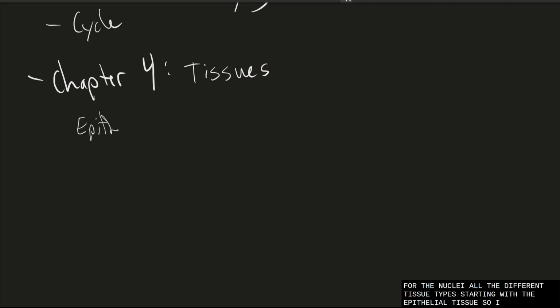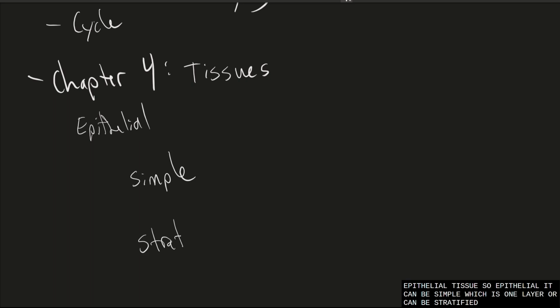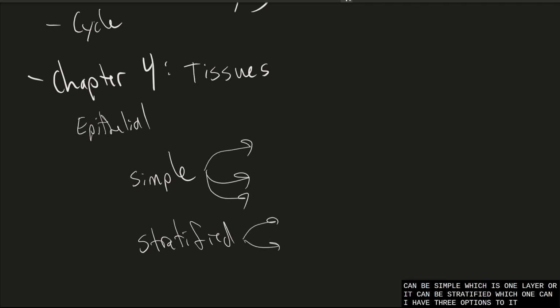So epithelial, it can be simple, which is one layer, or it can be stratified. Then each one can have 3 options to it. So simple can be squamous.